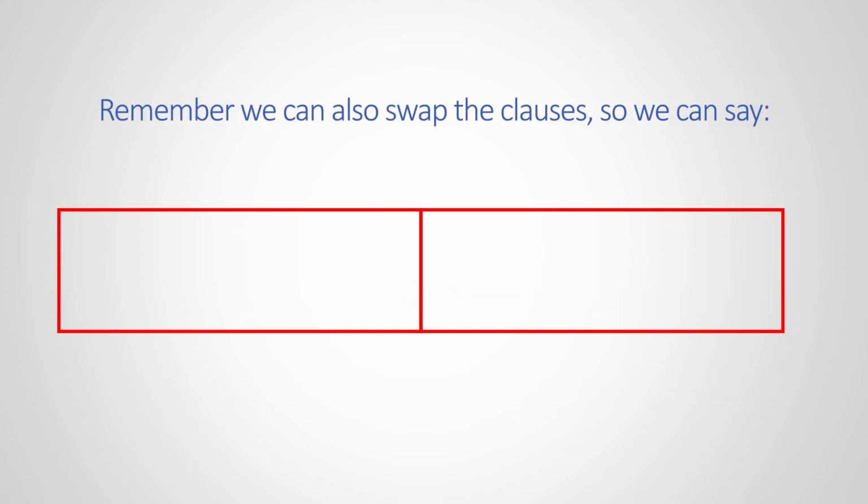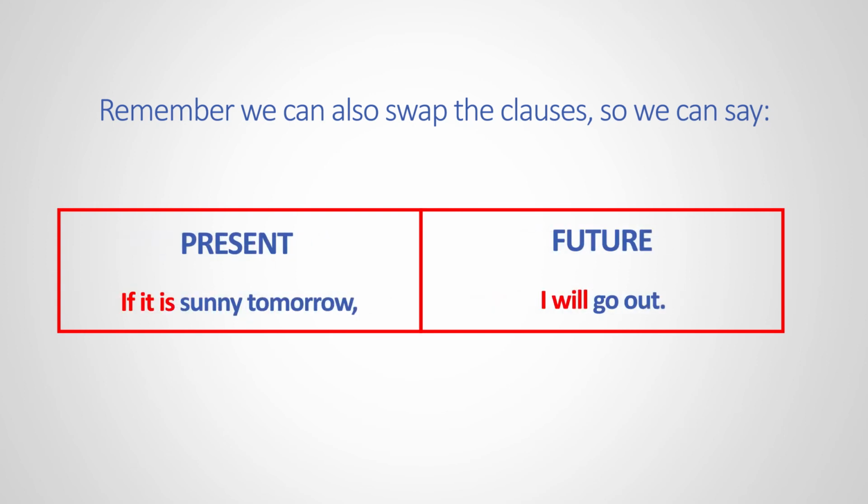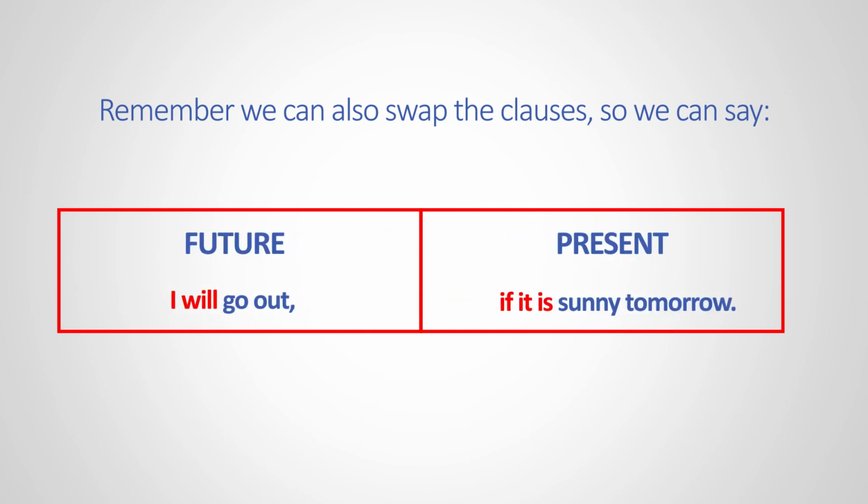Remember, we can also swap the clauses. So we can say, if it is sunny tomorrow, I will go out. Or, I will go out if it is sunny tomorrow.